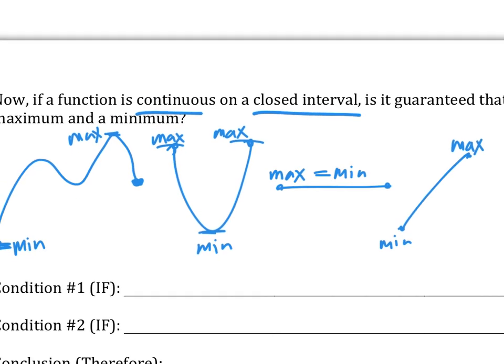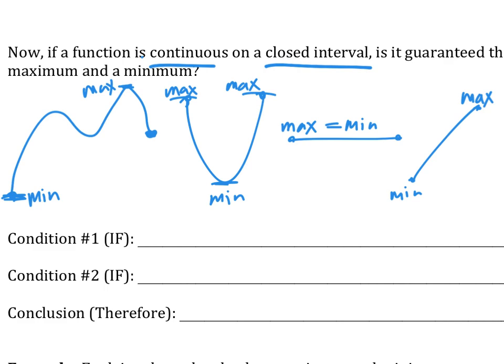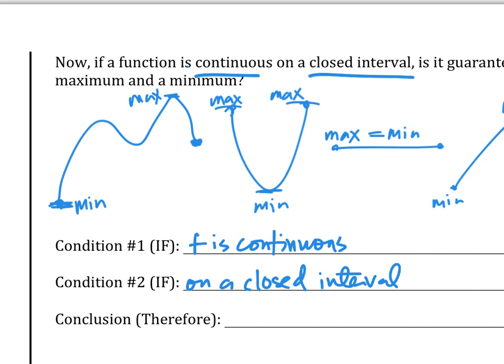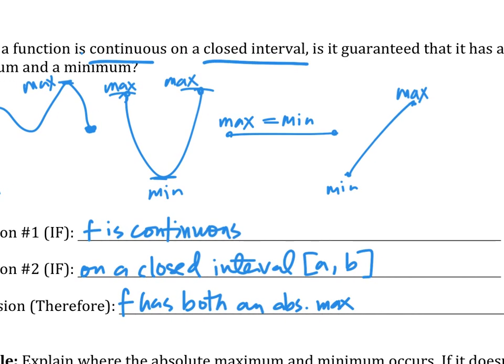And so this is the extreme value theorem. If you have condition one, the function is continuous, and the function is on a closed interval, let's call this closed interval [a, b], the conclusion is f has both an absolute max and min.